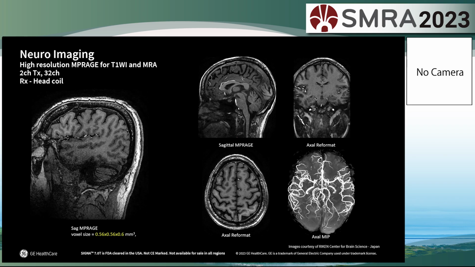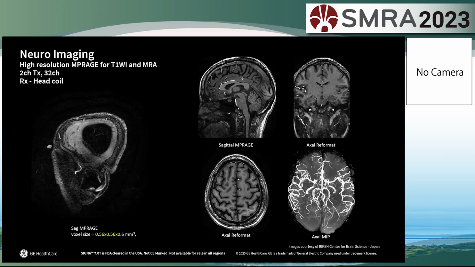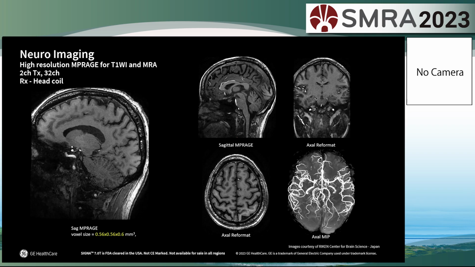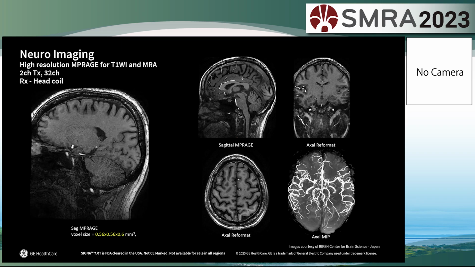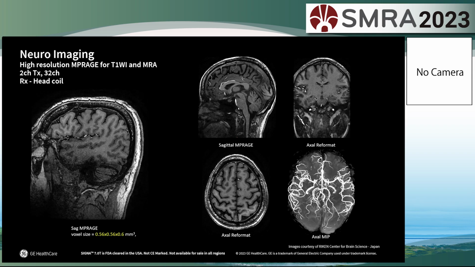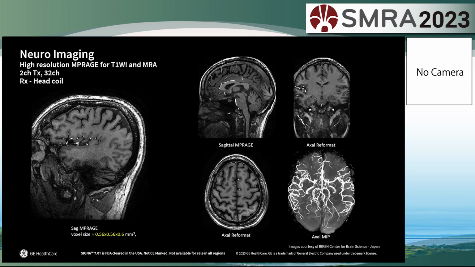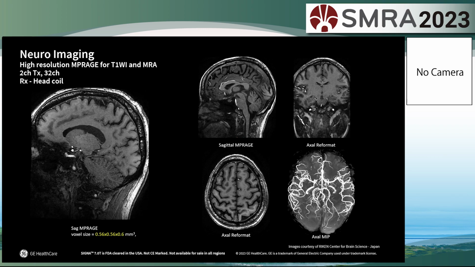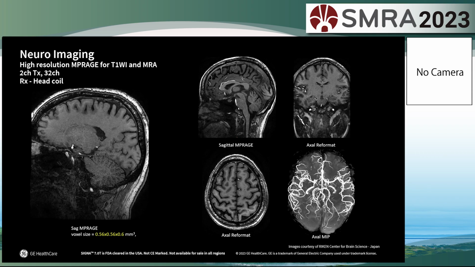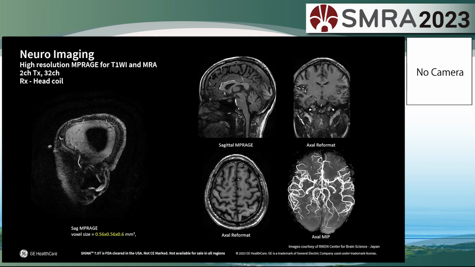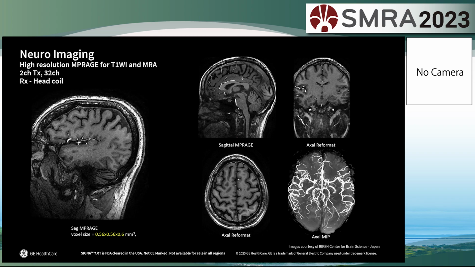That's why we see the very high blood signal on the 7T MP-RAGE images. So which means that we can obtain the simultaneous acquisition of the T1 weighted images as well as the MRA MIP images. But it can be an advantage, but there might be some drawback of MP-RAGE on 7T system.